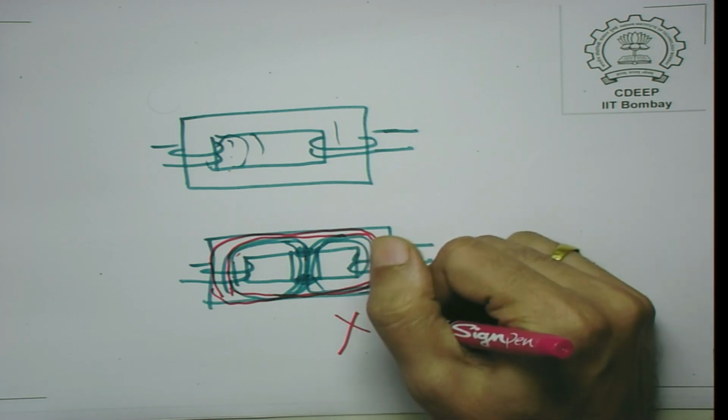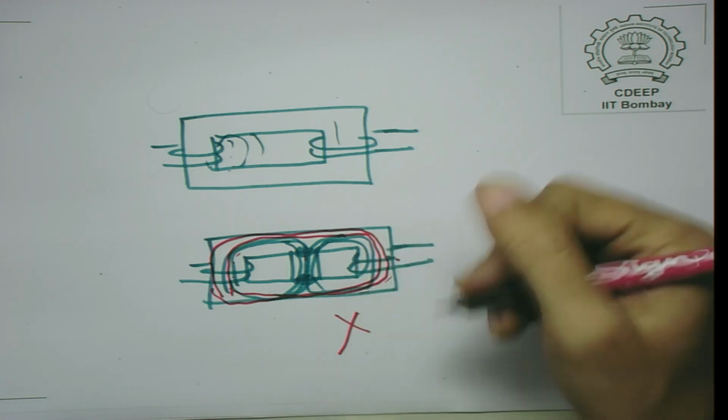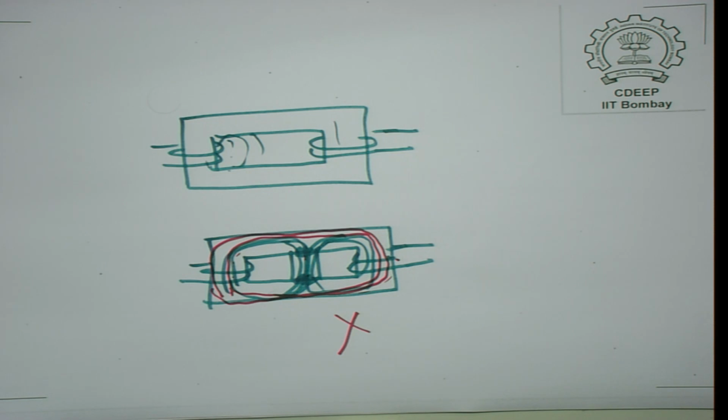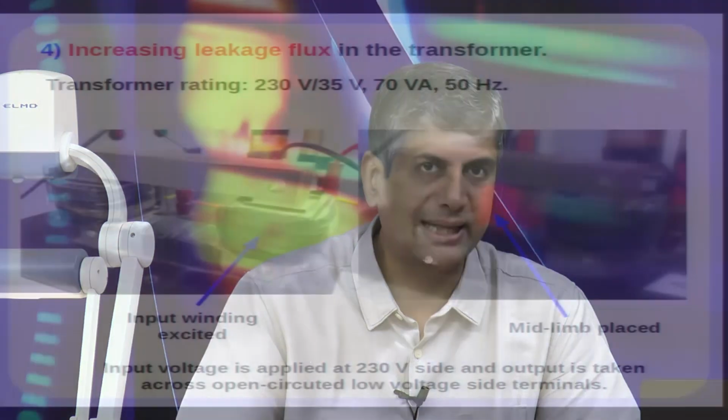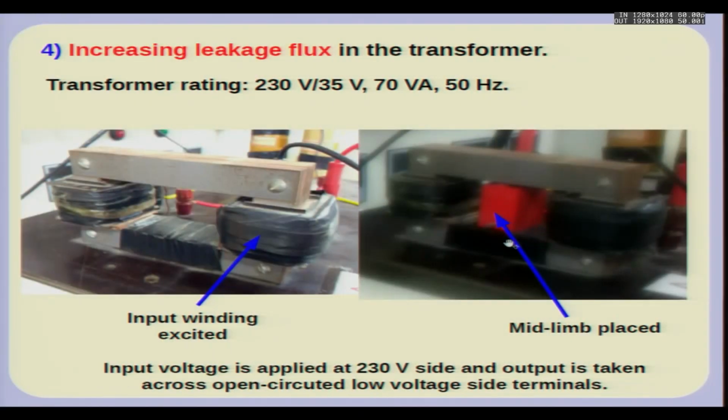So this is a bad transformer, and in case you put this element in the middle, let us see what happens. In this experiment, which you can also perform, you place a middle limb by pushing it into this place, so that there is a path for the flux to flow here.